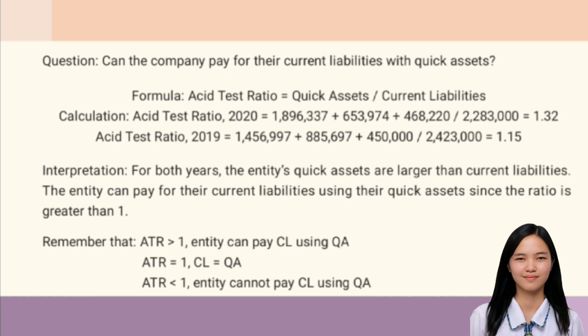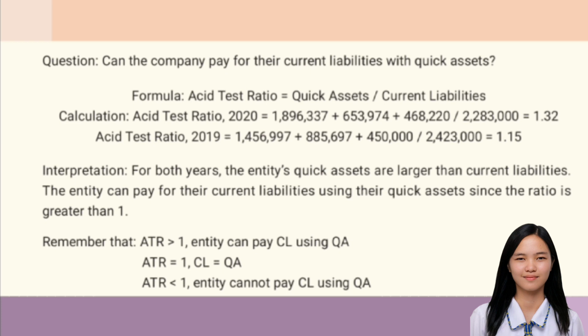So, pareho lang po ba ang analysis ng asset test ratio at current ratio? Actually po, yes. Kasi ang gusto lang po natin, both of those ratios, dapat greater than 1. Ibig sabihin, yung numerator is greater than the denominator, your quick assets can cover your current liabilities. So what would be the interpretation?